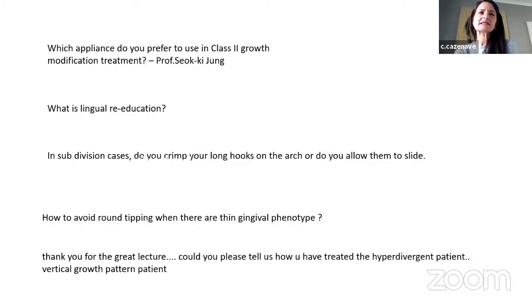In subdivision cases, the hooks are always fixed. It's difficult to explain all the techniques in one webinar, but we are used to fixing the hooks.